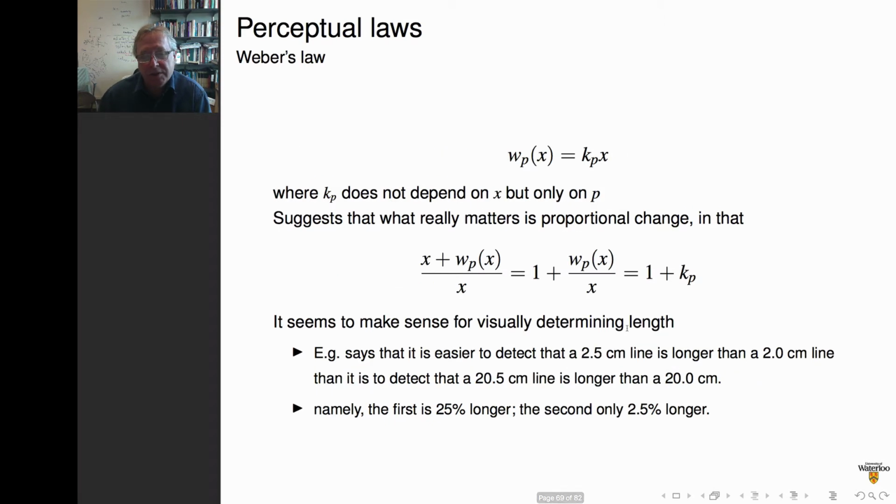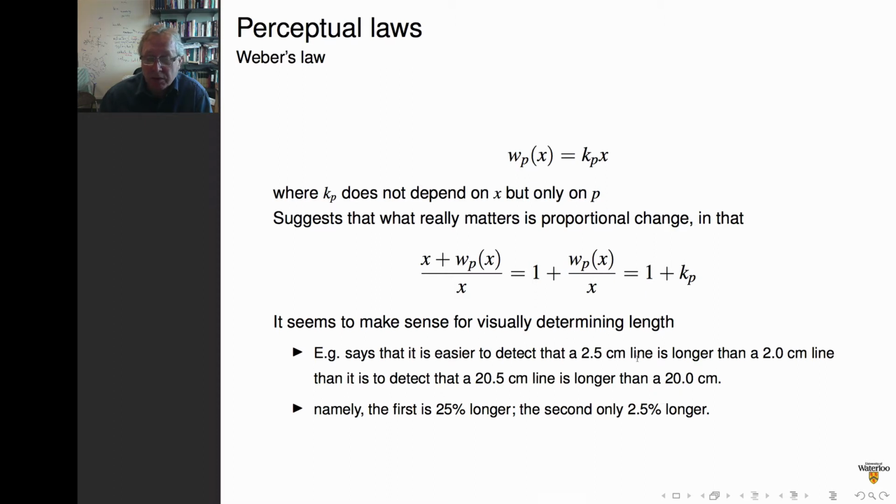If we look at the ratio, for example, of the stimulus plus that amount that we add to it, to the original stimulus, you see that all that matters here is that proportionality constant. And that kind of makes sense if we think about lines, for example, that a 0.5 centimeter addition to a 2 centimeter line is much easier to detect than a 0.5 centimeter addition to a 20 centimeter line.